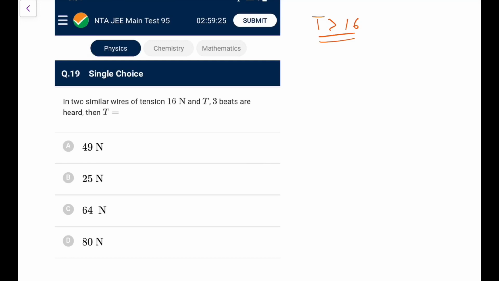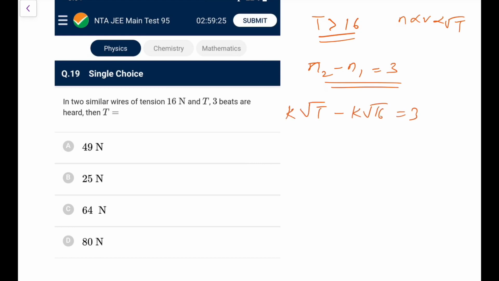Now we need the frequency n2 minus n1 to be equal to 3. Now n is proportional to v, which is proportional to root T. So we have k times root T minus k times root of 16, that should be 3.